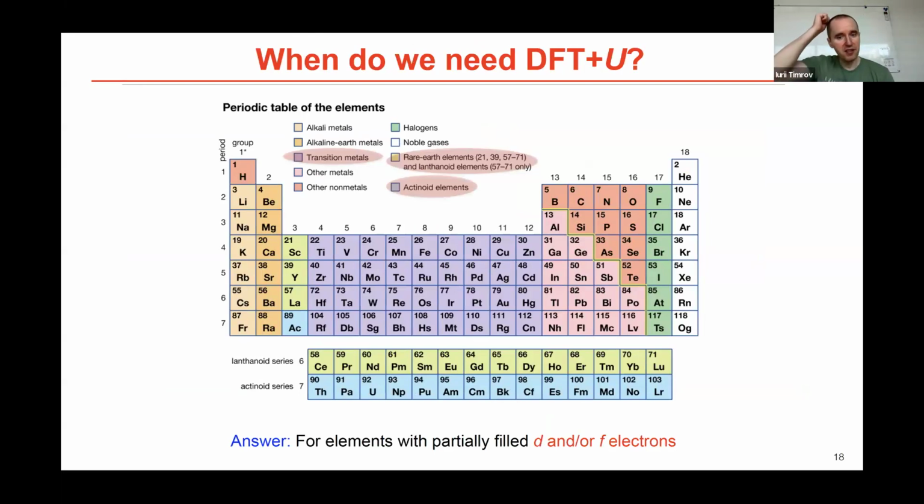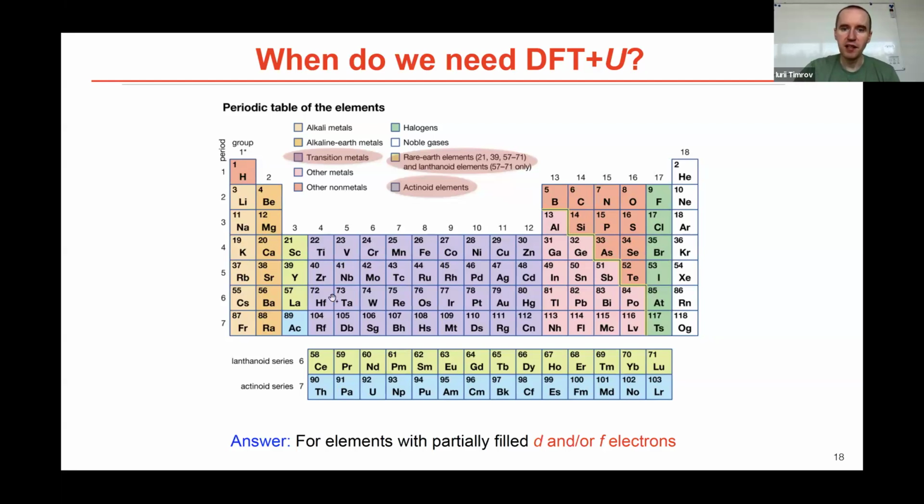But for us theoreticians, unfortunately, we don't have one method that works beautifully for everything. If we had the exact exchange correlation functional, we would be able to describe all materials with it. Unfortunately, we don't know it. So that's why we design functionals specific for families of materials.